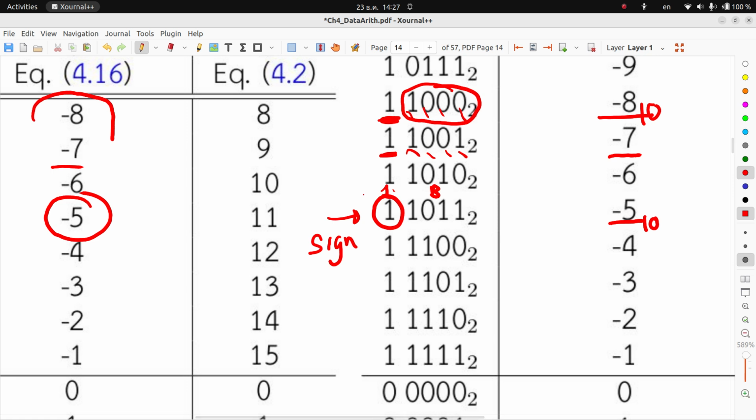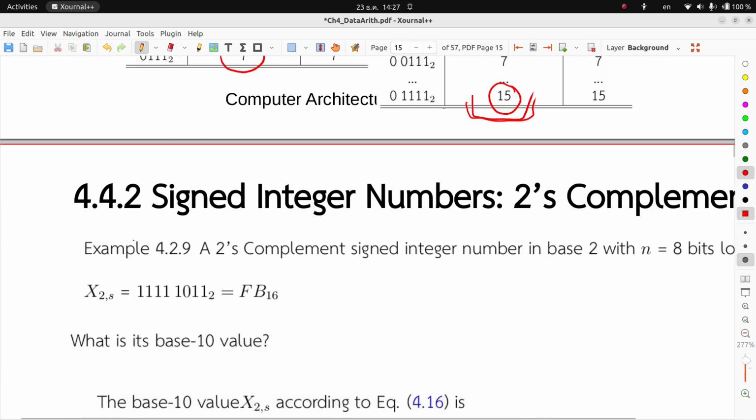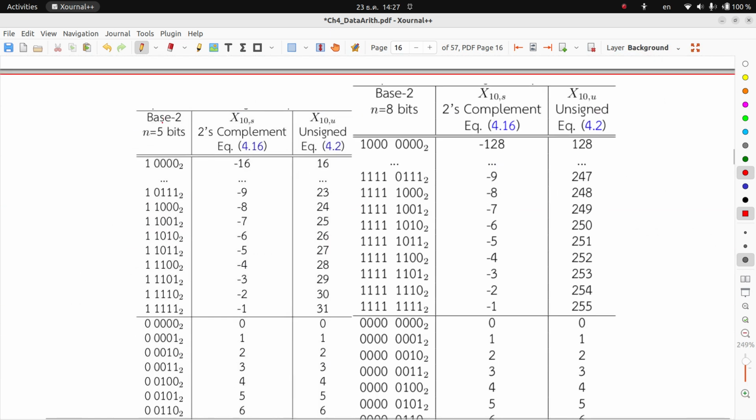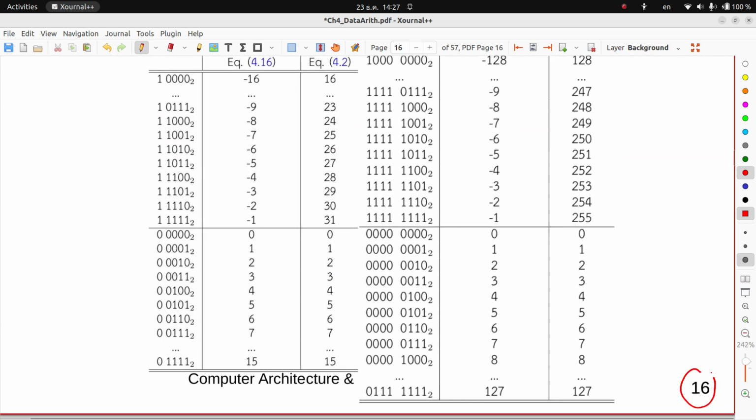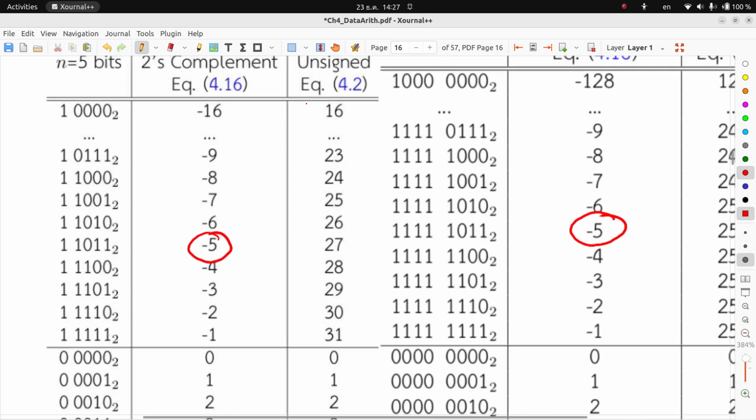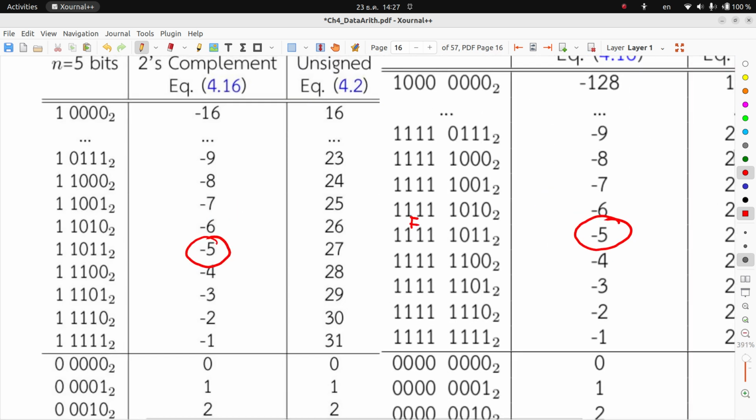And what if you put one more here? Let's jump to page number 16. Focus on minus 5 base 10. So this is F, this is B. Hello? FB shows up again. I'm not kidding.